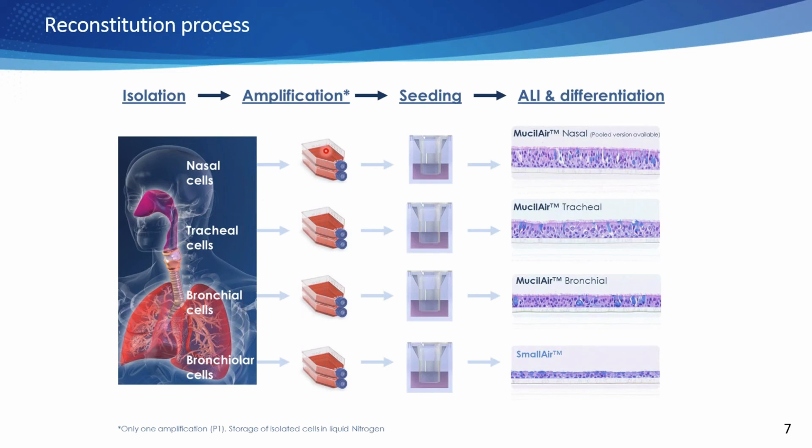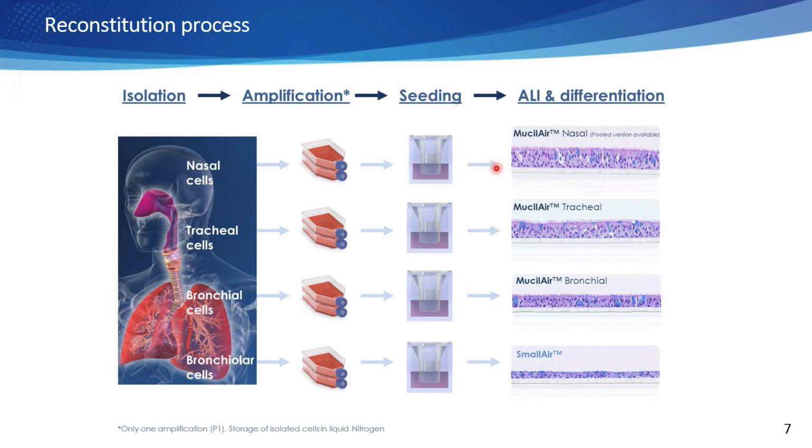We first have an amplification step, but not a large amplification, only one passage, to be as close as possible to the native tissues. Then we seed these cells into microporous filters, transwell systems, and we switch the cells to the air liquid interface and let the system differentiate for several weeks, up to 6 weeks, for example. And we end up with a pseudostratified airway epithelium in all these cases.